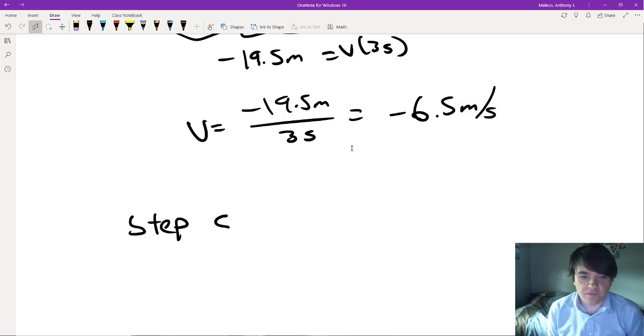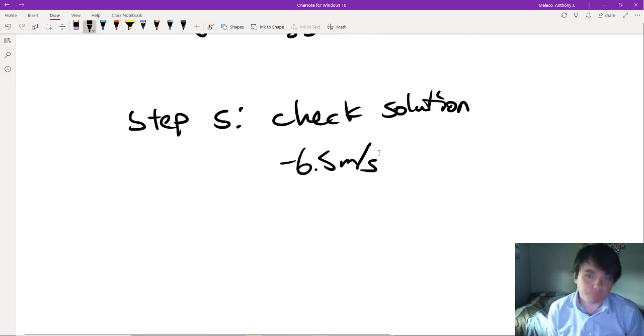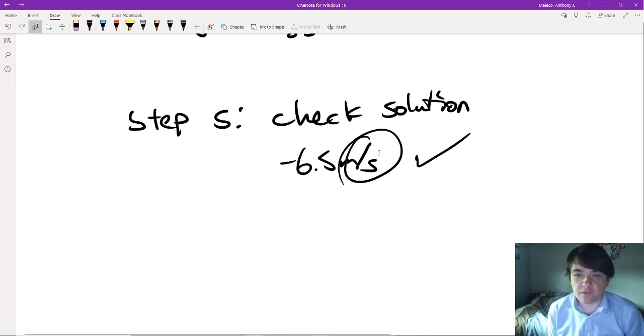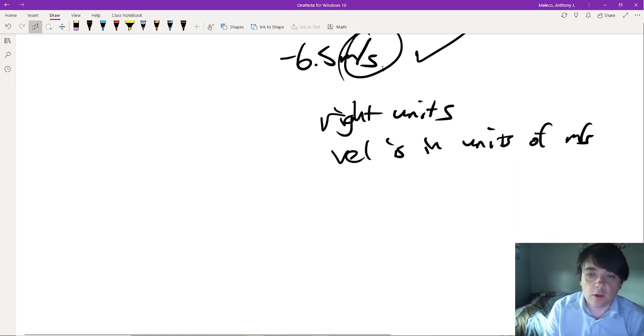Okay, so step 5, check solution. So here's my check. Here's our solution. Does this make sense? Well, we have the right units. Check. Velocity is in units of meters per second, so that works. The other thing is this negative right here.